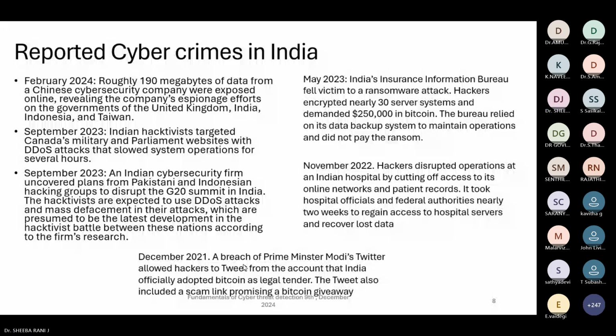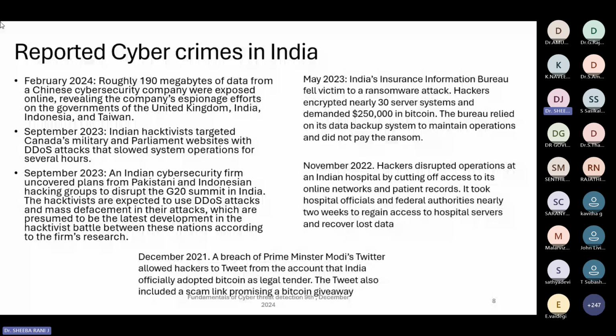So a lot of people in India may have fallen into traps to purchase or invest in Bitcoins. So it's a huge loss actually, right?